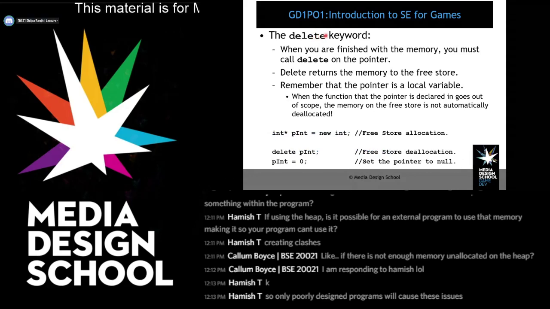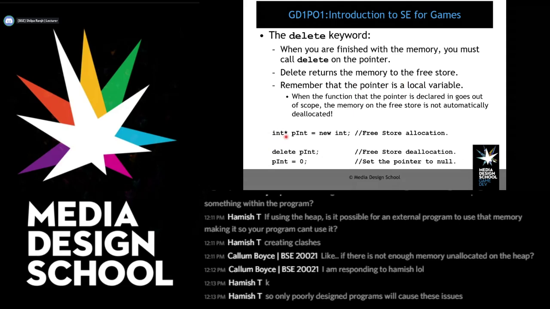So whenever you use a new, also make sure you use a delete. A delete is what returns the memory after usage into the heap store. So delete returns the memory back to the heap store, the free store. And this has to always be done once you're done with the usage of the pointer.